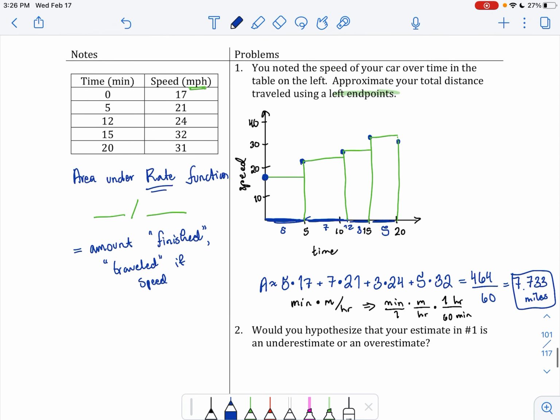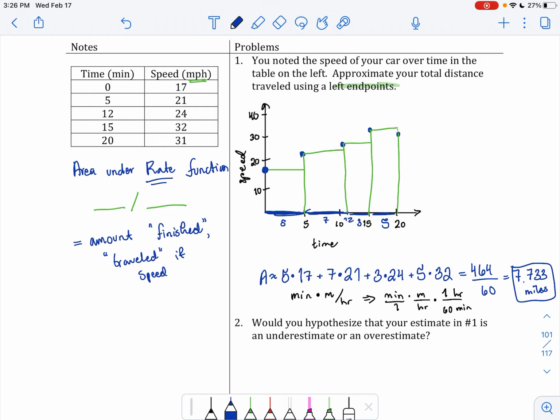Now, would you hypothesize that this is an underestimate or an overestimate? So what I would do here is I am not going to sketch in a curve, but I'm going to say, all right, well, I'm probably looking at speed like this, just connecting those points. I don't even need to do it as a curve.